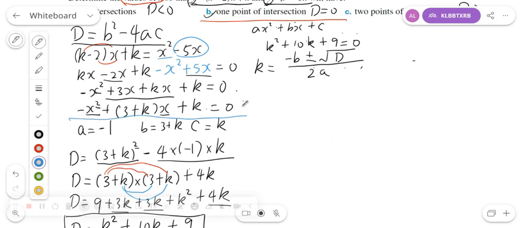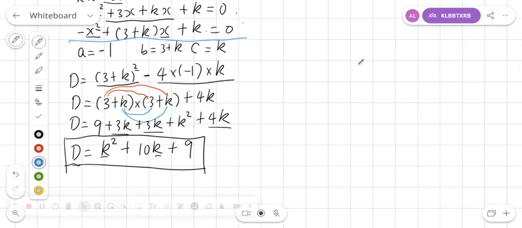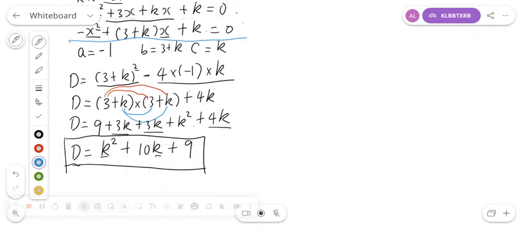Then the discriminant you were using is from this quadratic, when we still have x and k both involved. And then when we continue simplifying, continue applying the formula of the discriminant, we get to this one. And you can see the discriminant, according to my previous equations, is also a quadratic equation or quadratic function. So that means I can apply exactly the same procedure again.